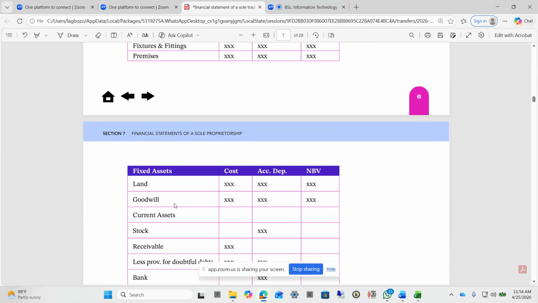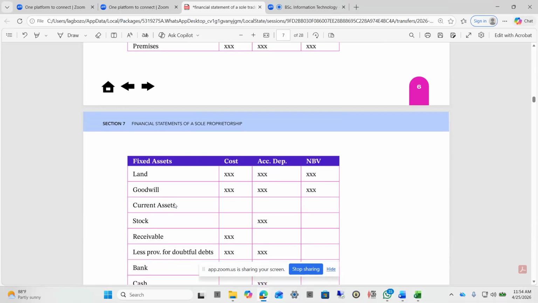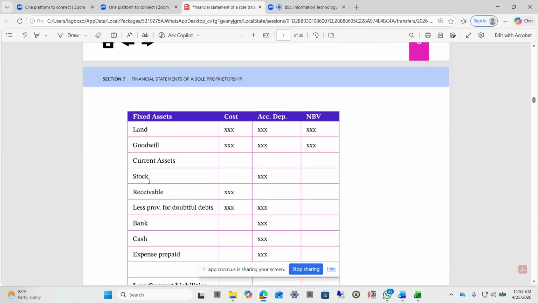Then when we come to current assets, we said there are things that you can easily change into cash. And we have your stock. If you have some things in store, that is your stock. And then receivables are people who are owing you. And then provision for doubtful debt.